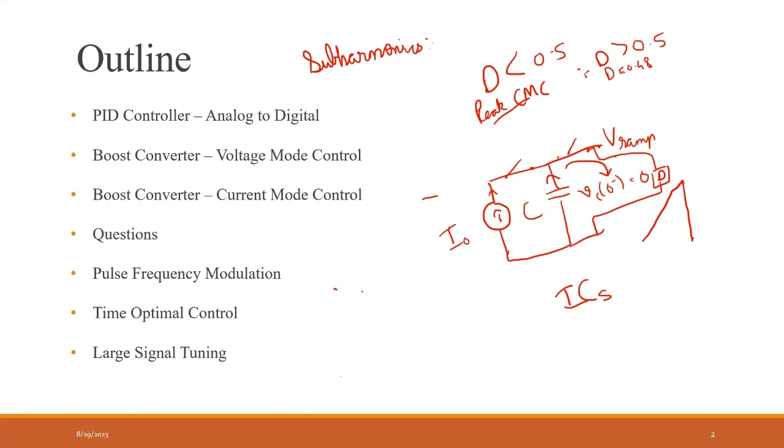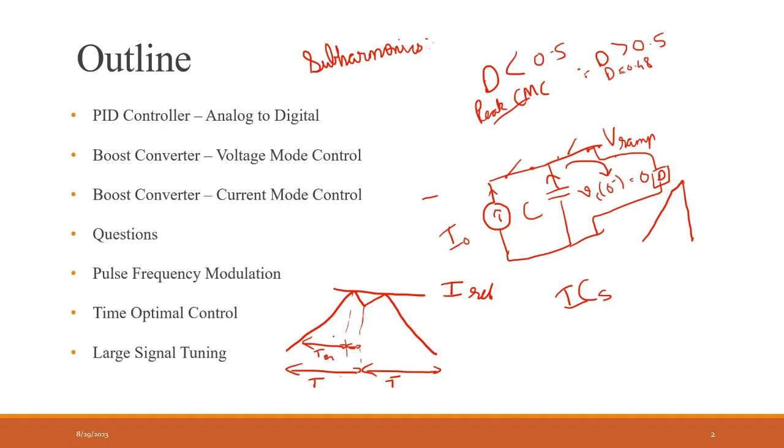So this is your peak reference, I reference, and your current will reach like this, and go on like this. This is your time period, which is fixed, and this is the time for which it is on and this is the time for which it is off. What is happening is the time for which it is on is changing.